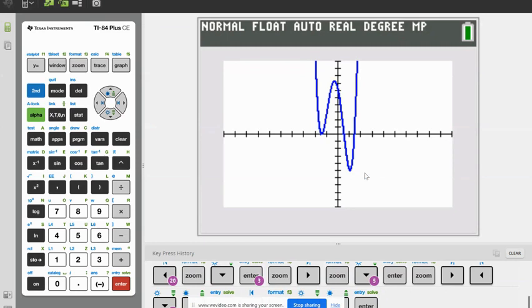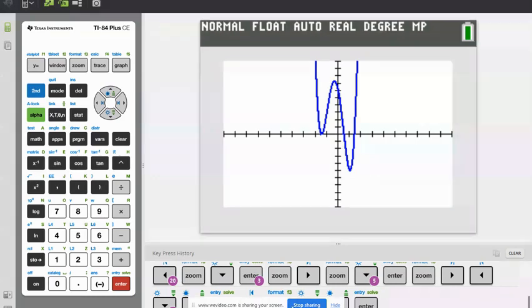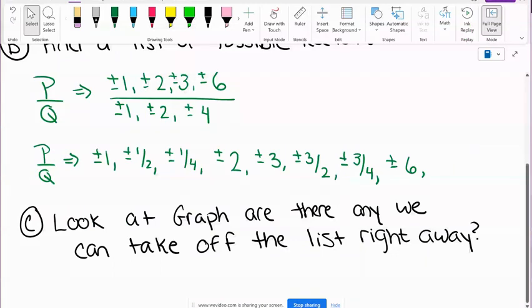All right, so we can take off plus minus 6, plus minus 1, plus minus 2. Let's take all of those off. So plus minus 1 is out, plus minus 2 is out, plus minus 3 is out, plus minus 6 is out. So now we've narrowed it down.